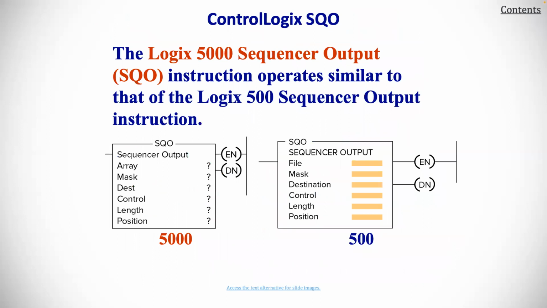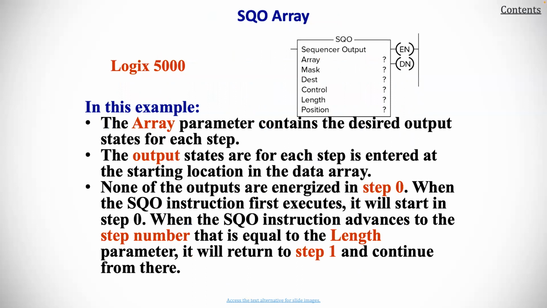For the Logix 5000, the sequencer output SQO instruction operates similar to that of the Logix 500 sequencer output instruction. So these are the two examples comparing them one to one. For the Logix 5000, here we're seeing an example. The array parameters contain the desired output state for each step.